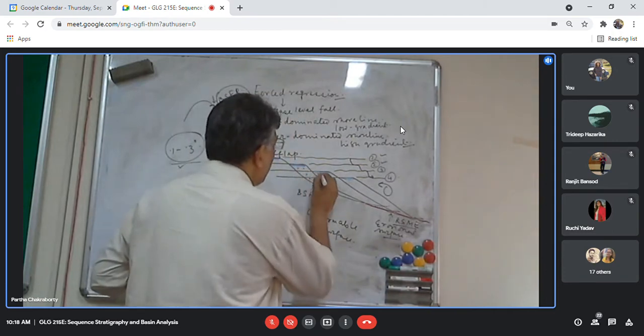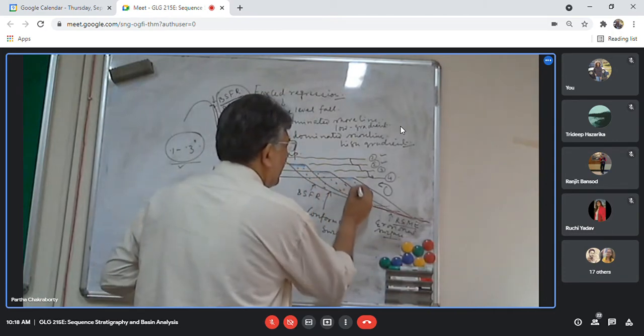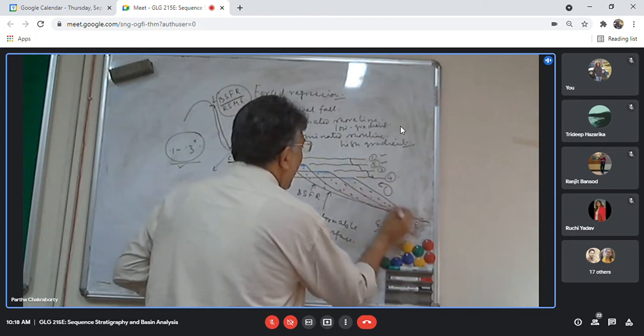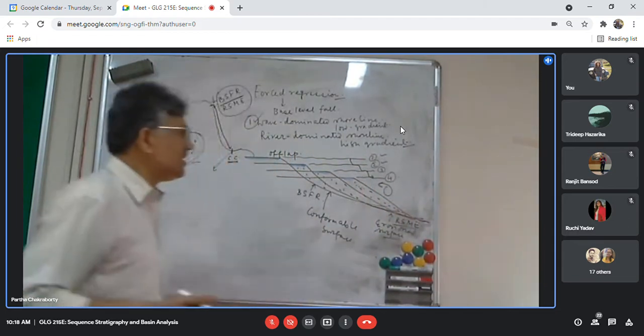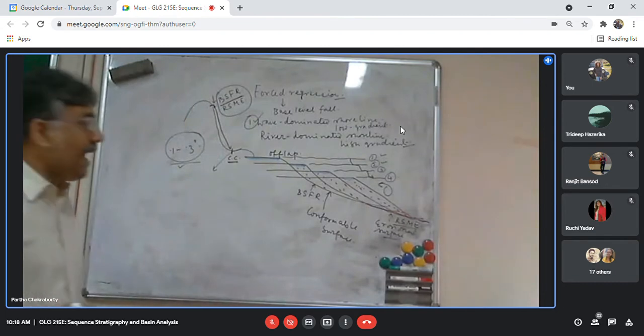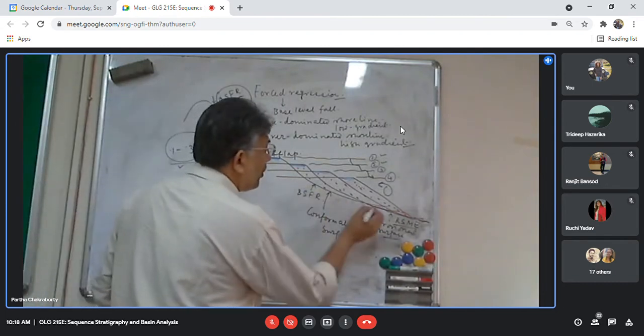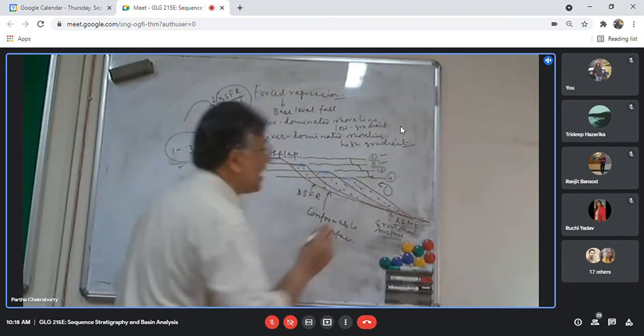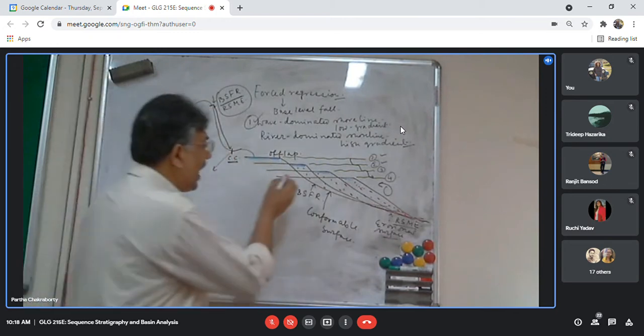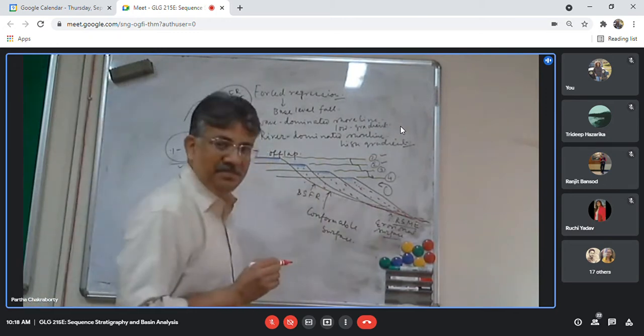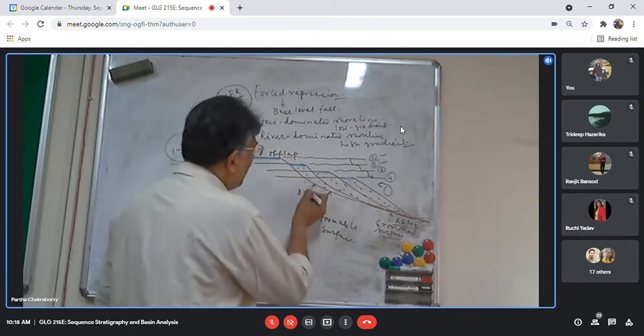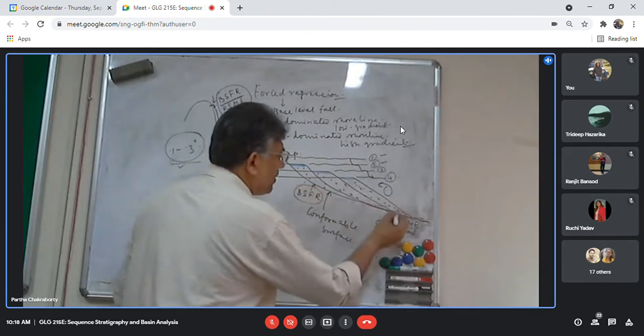This is actually the forced regressive product. And what is the basal surface of the forced regressive product? Either BSFR or RSME. I will separately discuss the character of BSFR and RSME.